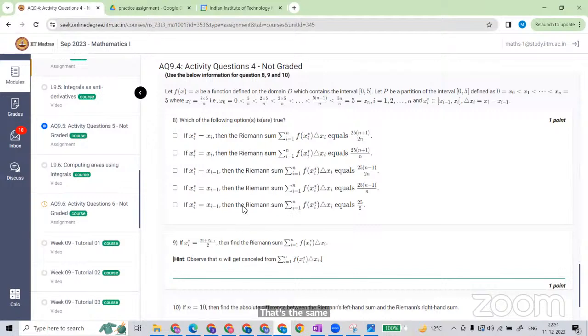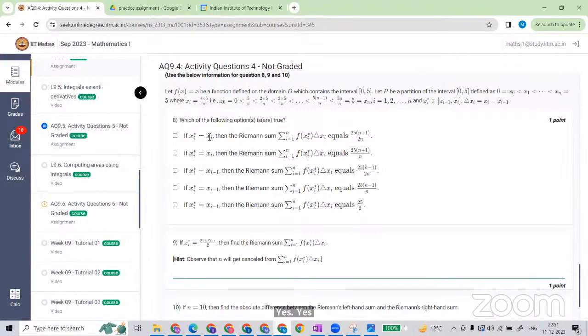Okay. Sir, the left Riemann sum, right Riemann sum, mid Riemann sum. How to choose that x star? The xi star, right? Here the definition is already given, no?